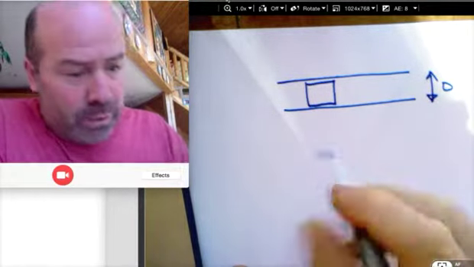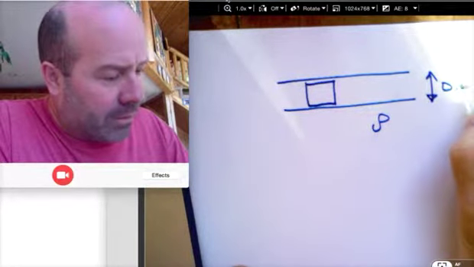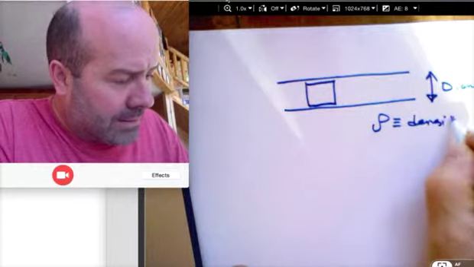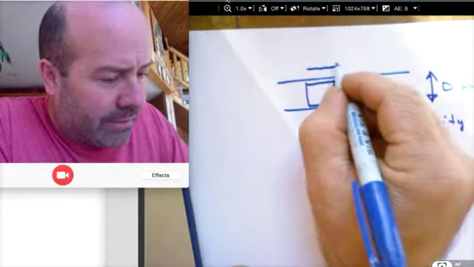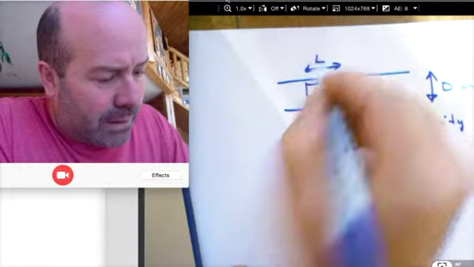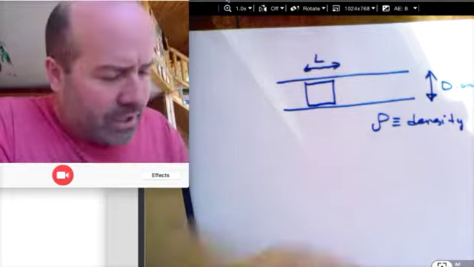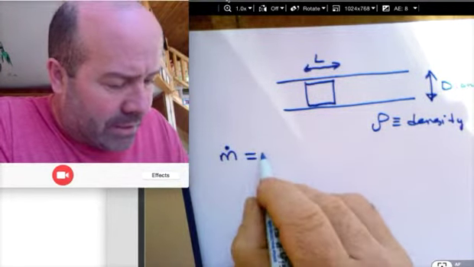And let's let the fluid have a density of rho. So diameter, density. And let's take this chunk of fluid and let it have a length of L. So mass flow rate is equal to mass divided by time.